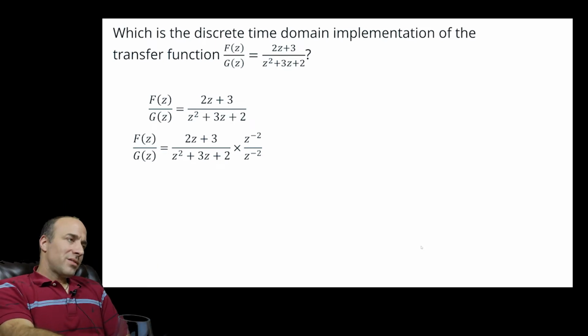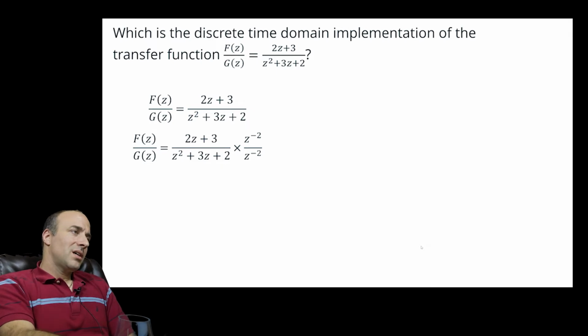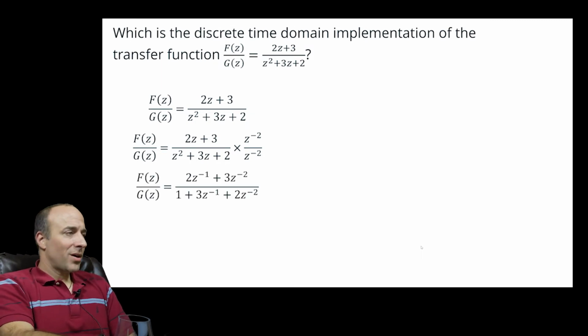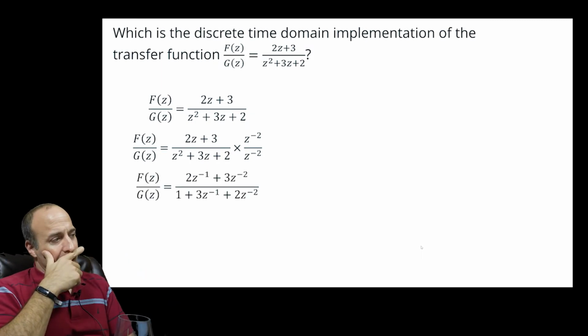So I multiplied this by z to the negative 2 power over z to the negative 2 power, and we end up with all our exponents now being 0 or less.